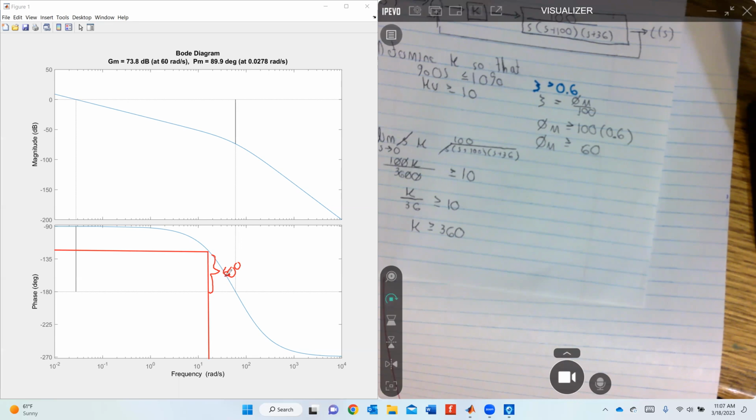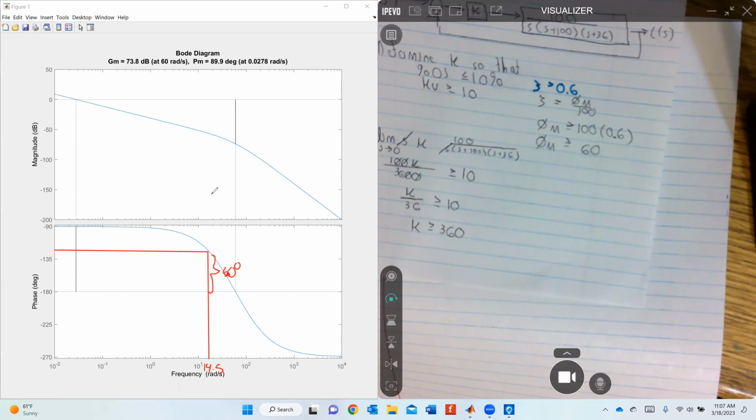If we need to find the maximum value of gain, we use the smallest amount of phase margin. At that smallest phase margin, omega is around 14.5, as we notice it's in between 10 and 20 here, and the phase is about -120 degrees.